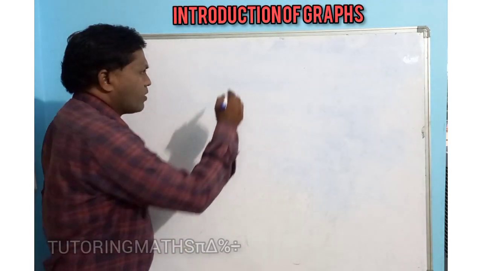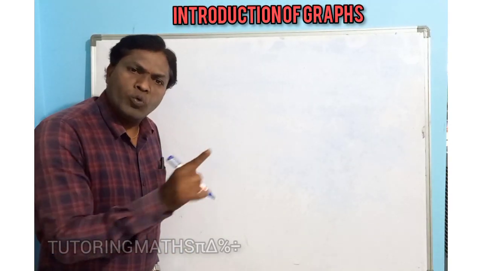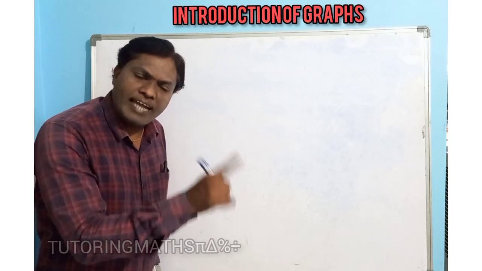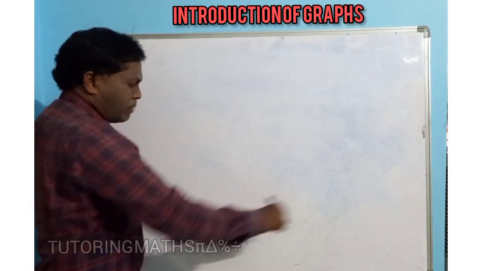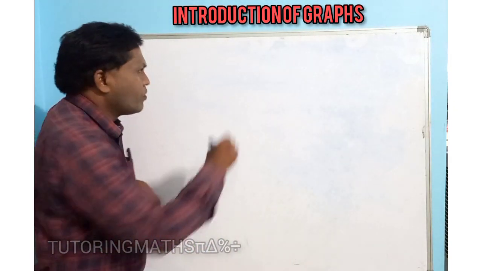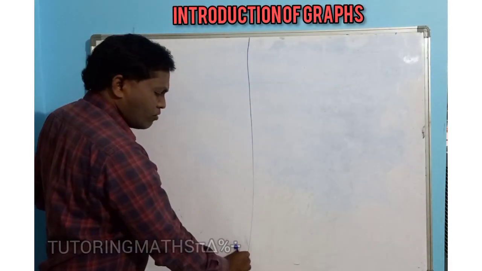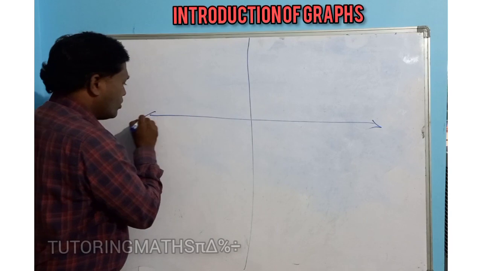Now see, just now we have discussed that a point can be formed with the help of two lines, one vertical and the other horizontal. Now, this is a plane. For example, if you take this board as a plane, I have drawn two lines.